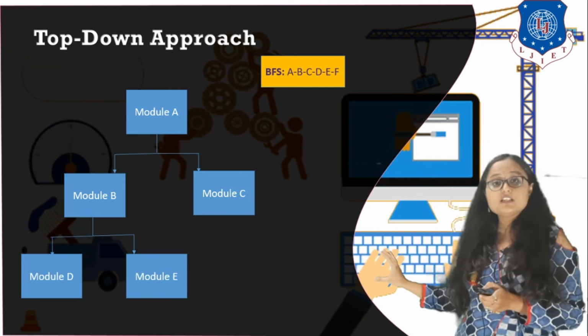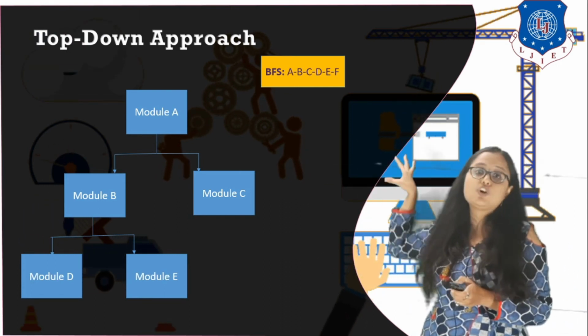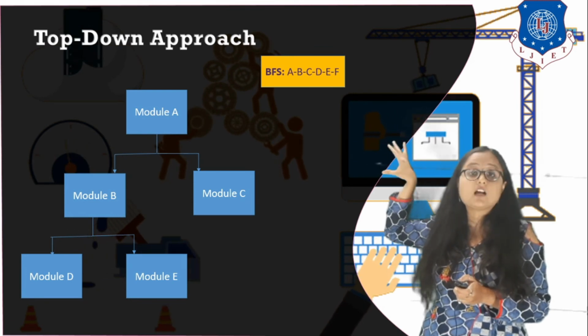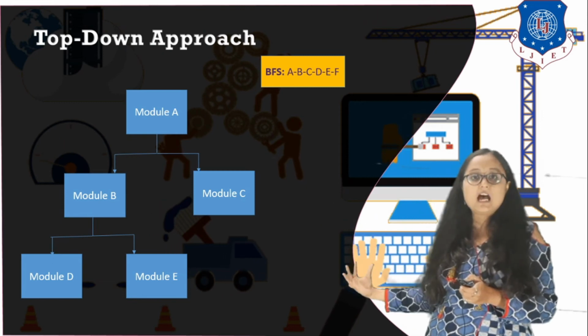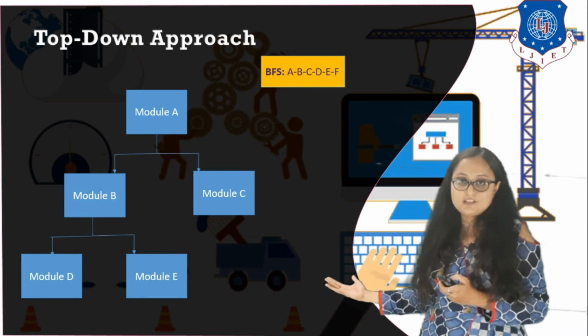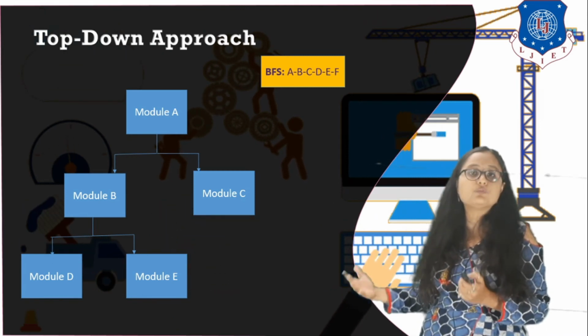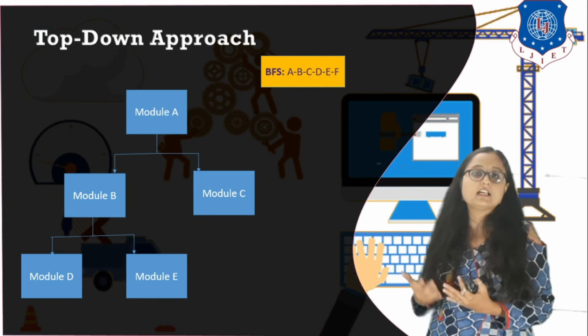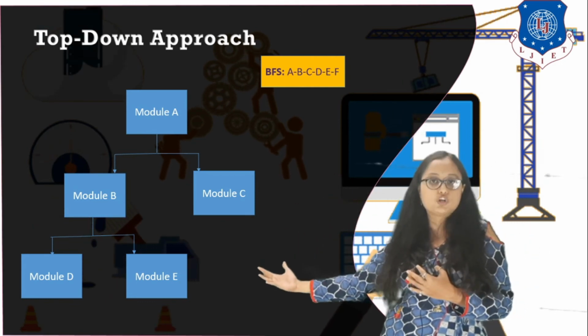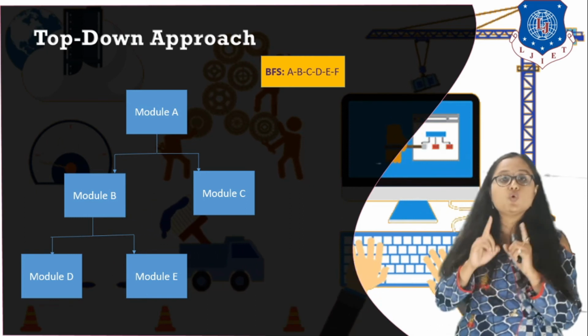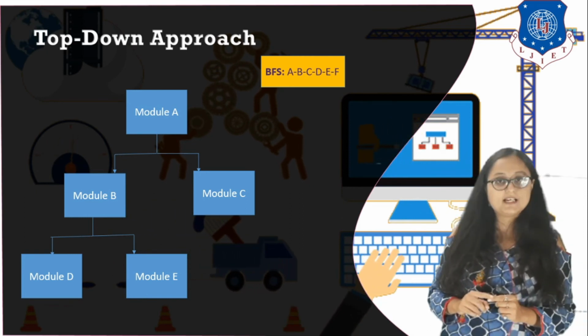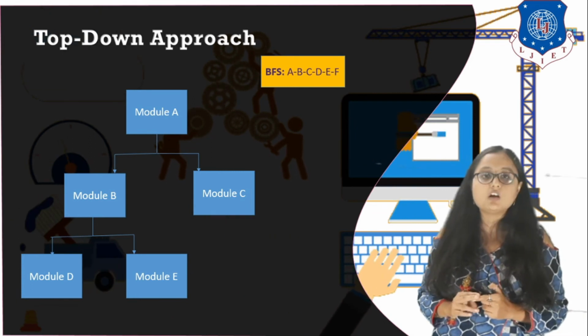After this incremental strategy of testing is completed, and after stub D and E are actually created by the actual developers, what will we do? We will replace these modules. That is, we will replace stub D by module D and stub E by module E. Now only one module is to be tested, and we will test it in the third increment.